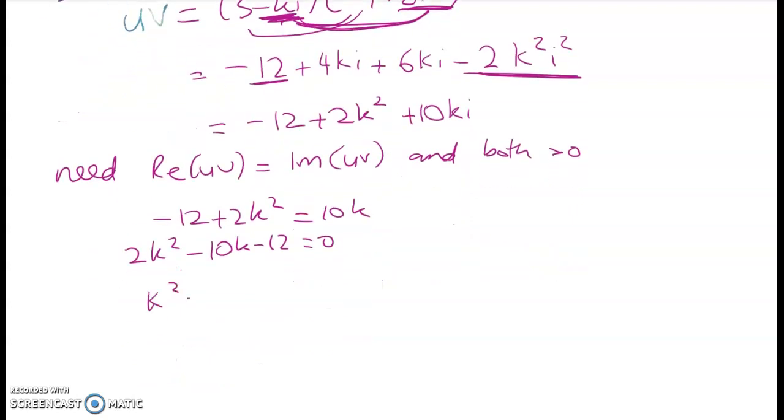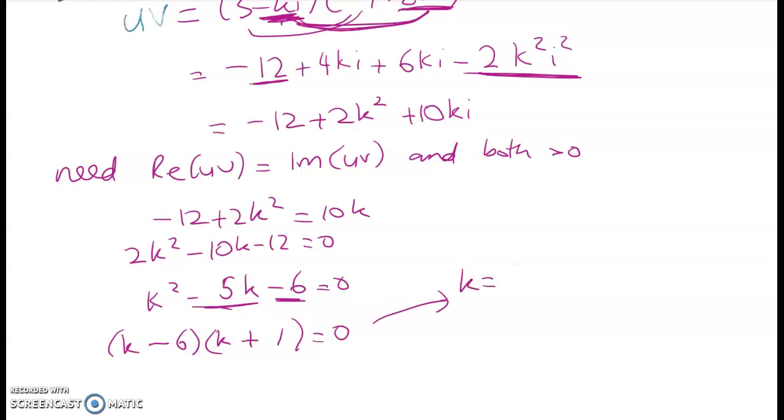Divide through by 2, k squared minus 5k minus 6 equals 0, and factorize. K times k, we want two numbers that times to negative 6 and have got a gap of 5, so it's going to be a 6 and a 1. That one's going to be the minus, so k minus 6 and k plus 1. That gives me k equals 6 or k equals negative 1.